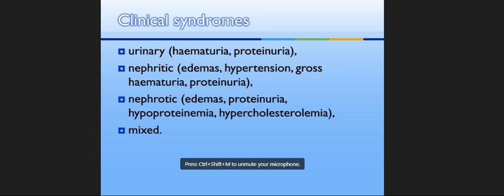Look, in nephritic, the predominant thing is gross hematuria, but in nephrotic, proteinuria is the predominant. Both nephritic and nephrotic have edema, proteinuria, and hematuria, but in nephritic, hematuria is the dominant, and in nephrotic, proteinuria is the dominant.